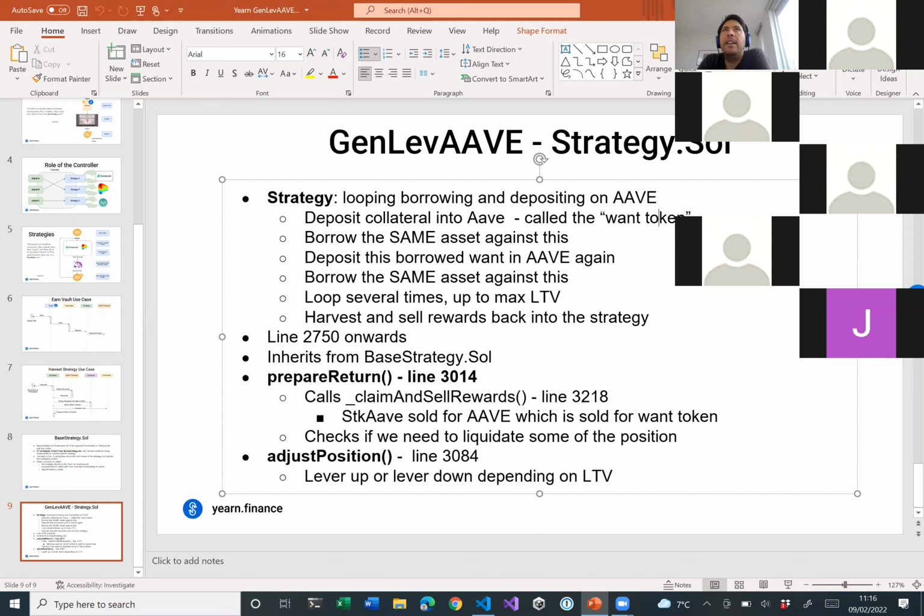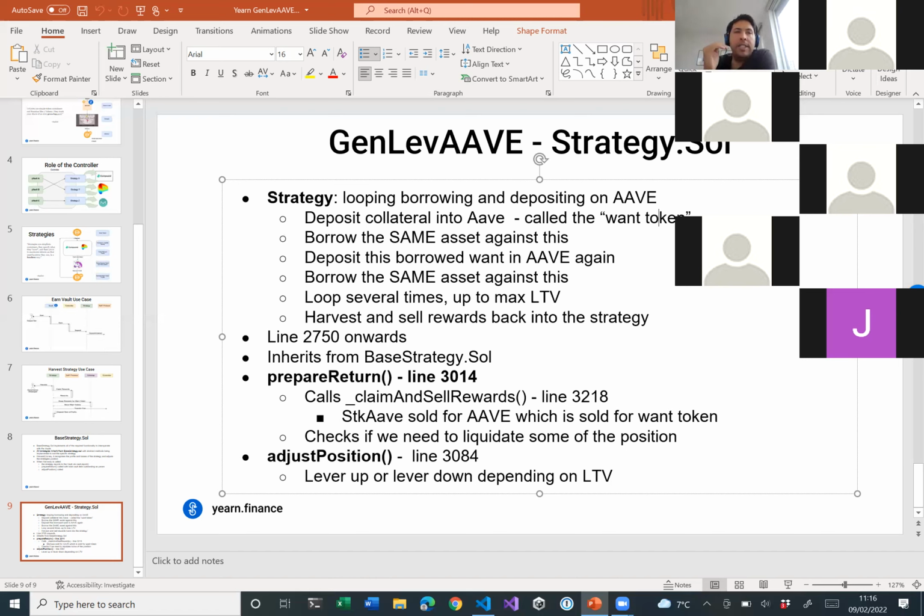That would be borrowing another 75 DAI. And rather than stopping there, with the 75 extra that you borrowed, you then go and deposit that back into Aave. So now your collateral is $175. And then you can borrow against that and redeposit again. You run this loop around again and again, up to 8 times, I think, in the strategy.